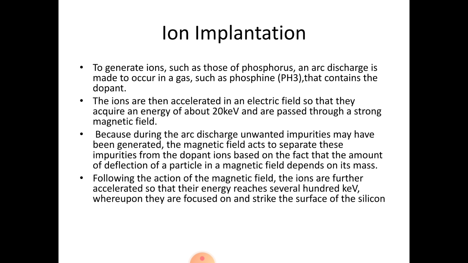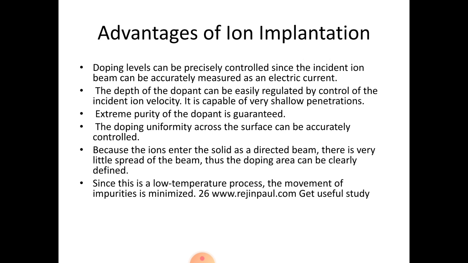Following the action of the magnetic field, the ions are further accelerated so that the energy reaches several hundred kilo electron volts, whereupon they are forced to strike the surface of the silicon.